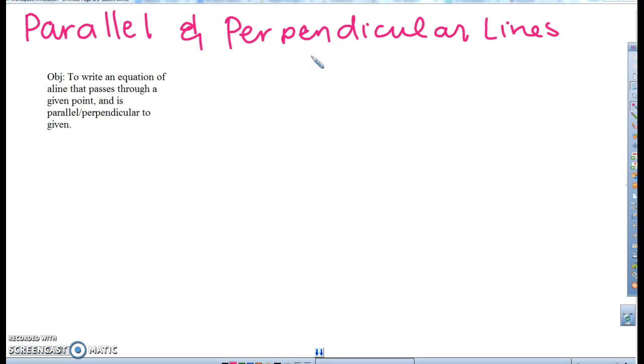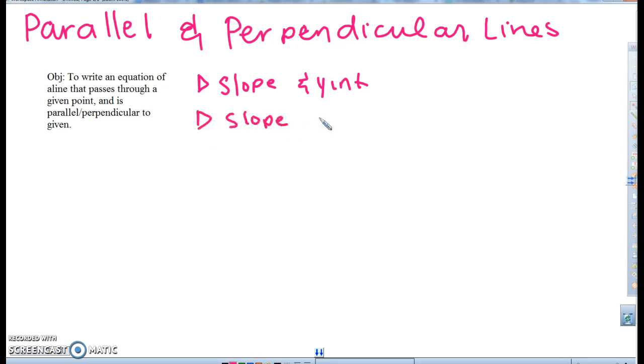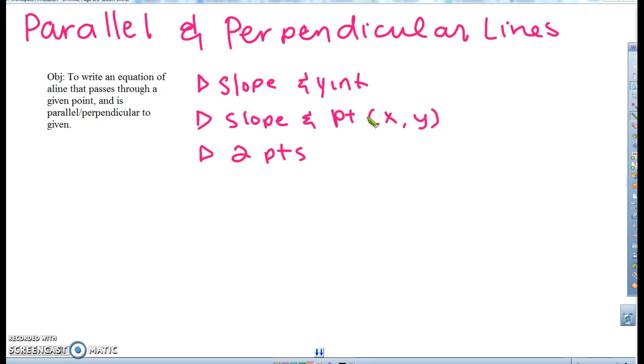So you'll remember that we know how to write lines based on a few things. We can write an equation of a line in y equals mx plus b form if they give us the slope and the y-intercept, the slope and one point, or if they give us 2 points, because we can use those 2 points to find the slope and then go back to this middle idea.